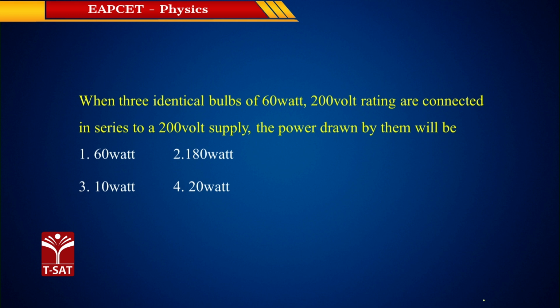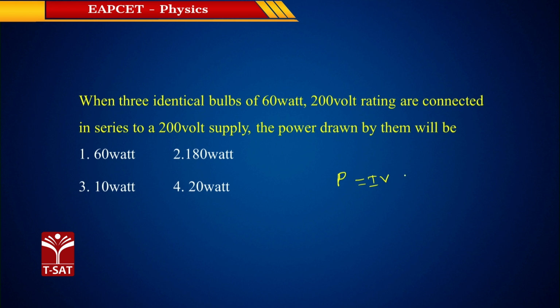See again the question. When 3 identical bulbs of 60 watt 200 volt rating are connected in series to a 200 volt supply, the power drawn by them will be. Here you know that power P is equal to what? What is the formula, children? P is equal to IV.